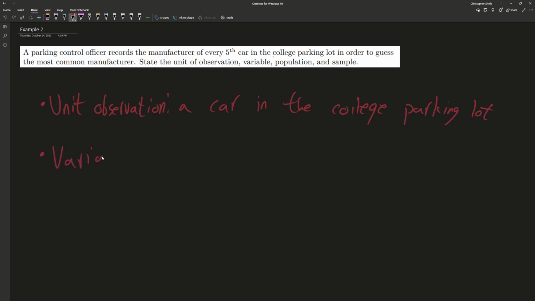Our variable is going to be the name of the manufacturer. This is again a qualitative variable because we're recording a car type.